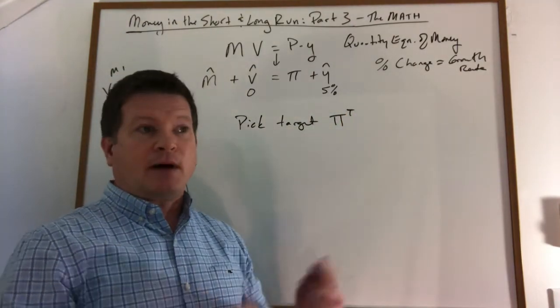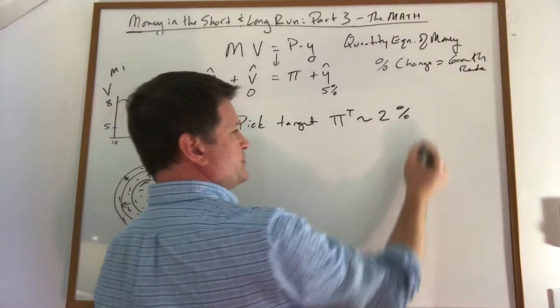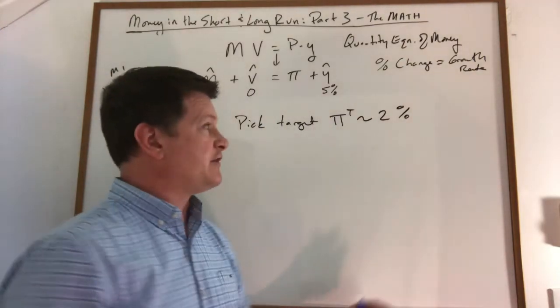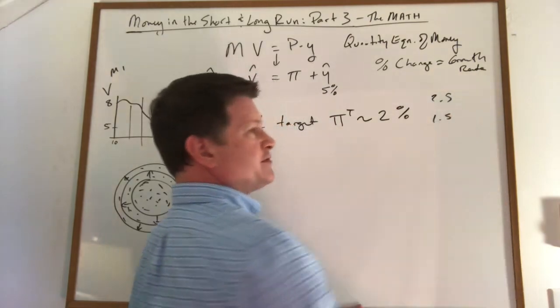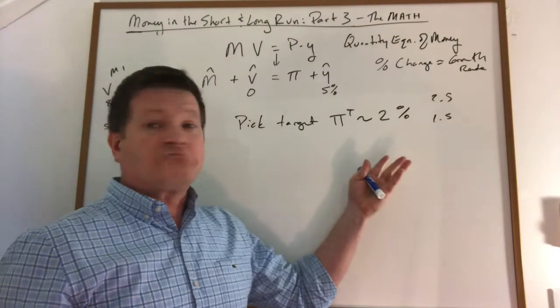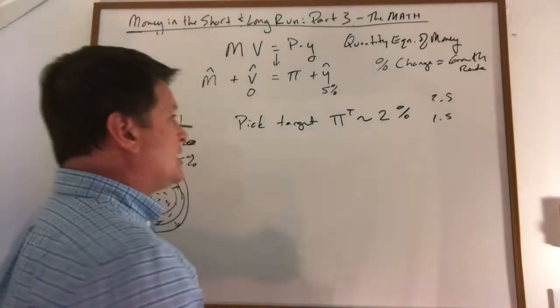The current modern popular number is around 2%. Some central banks will say 2% plus or minus .5, so they'll be 2.5 to 1.5%. Maybe it's exactly 2%, maybe it's a little lower, maybe it's a little higher, but the idea is this.